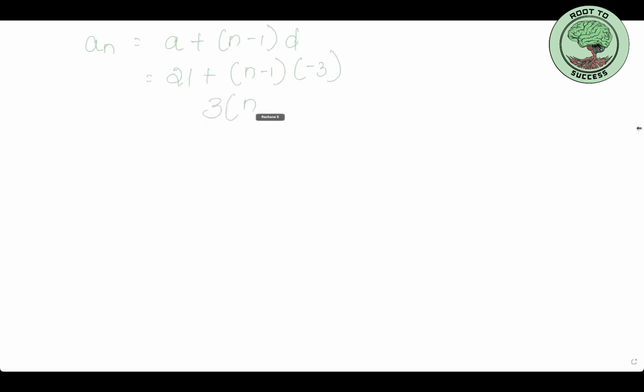So 3(n minus 1) is equal to 21, so n will become 8. So the 8th term in the AP is 0.